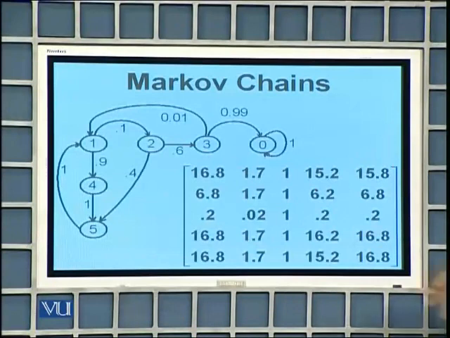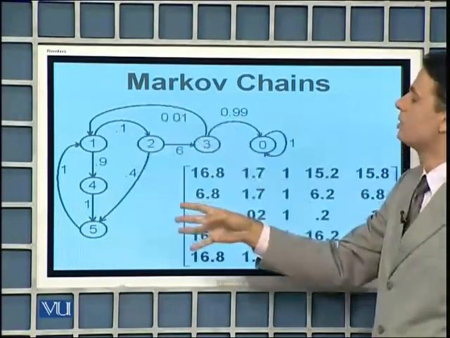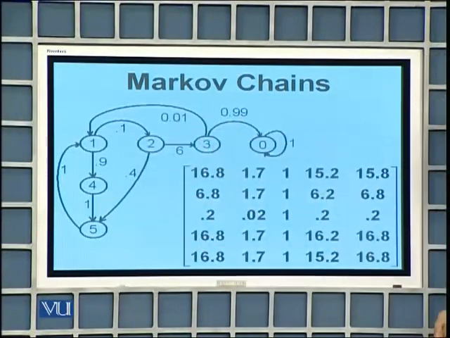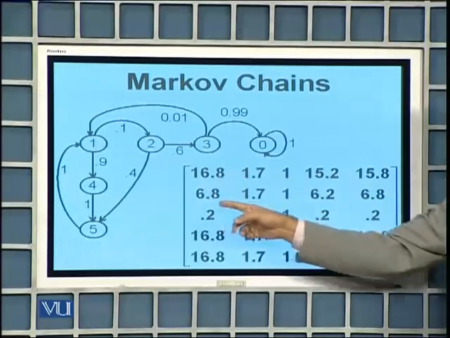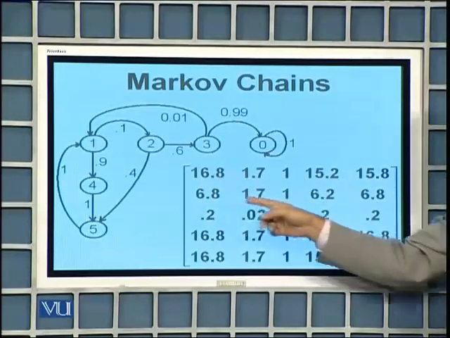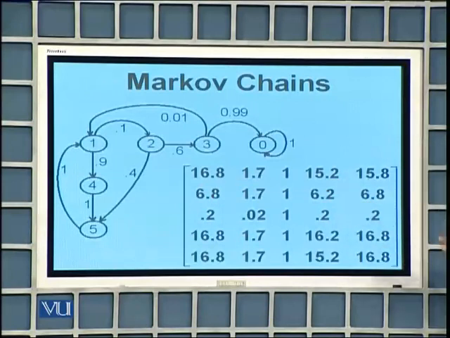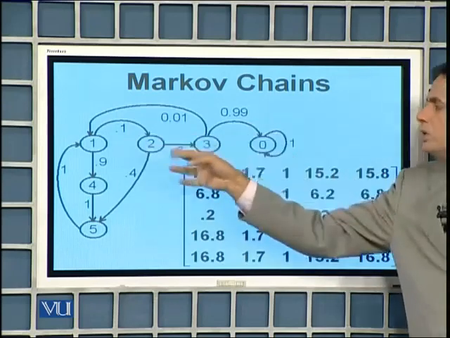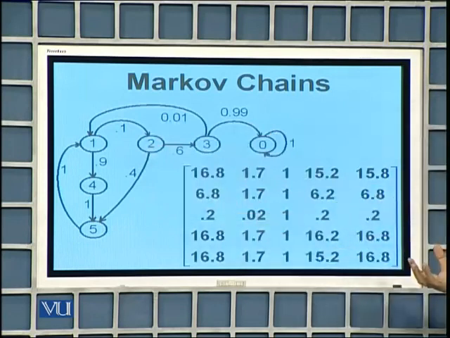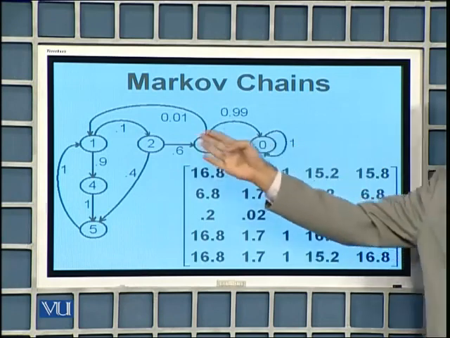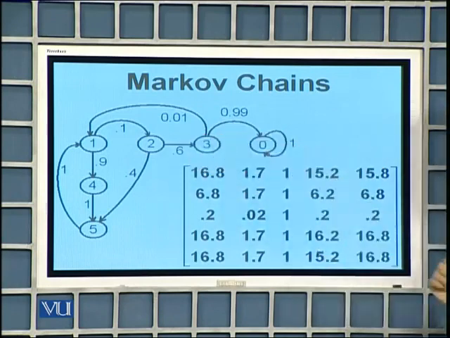In that case, the total number of steps in this transient class before getting absorbed is the sum of all these numbers, and if you sum all these numbers, it comes out to be slightly less than 22. So if the person has already moved to state 2, then the total number of steps on average is 22. And if you divide that number by 3, it takes slightly more than 7 years before that person gets absorbed here.